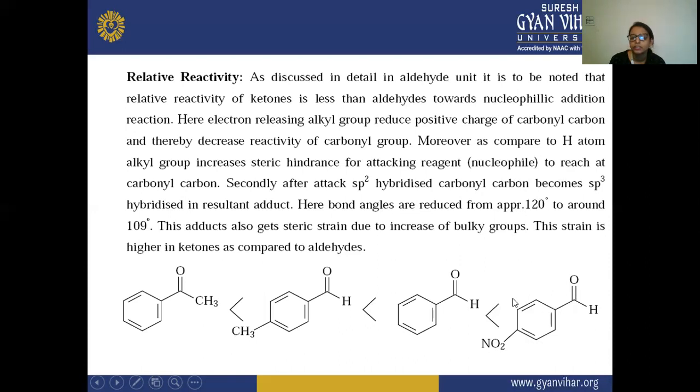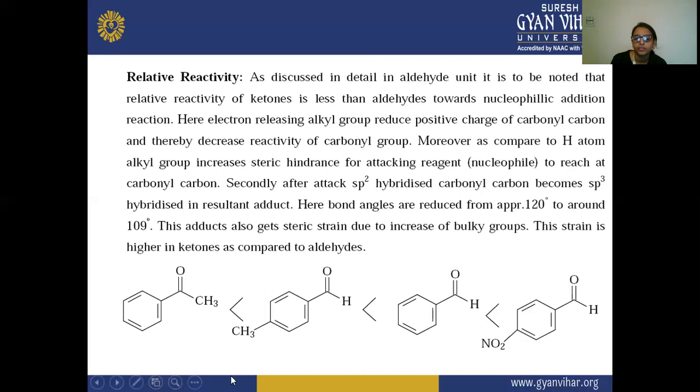So in this case the reactivity is more, and in the other case there is no attachment of any electron donating or electron releasing species, so its reactivity is much lesser than this one.